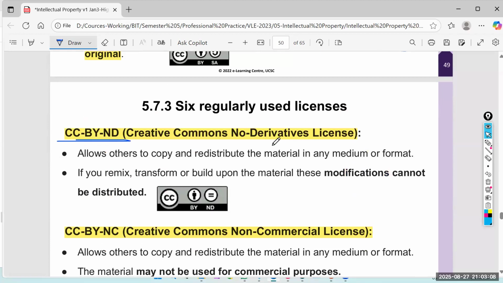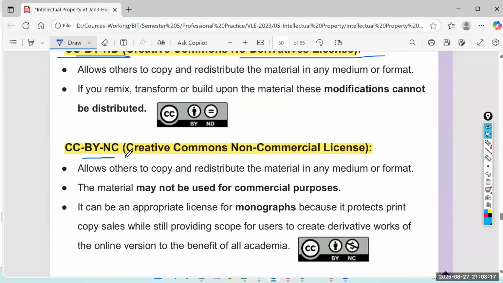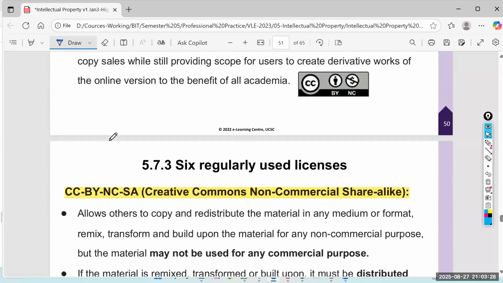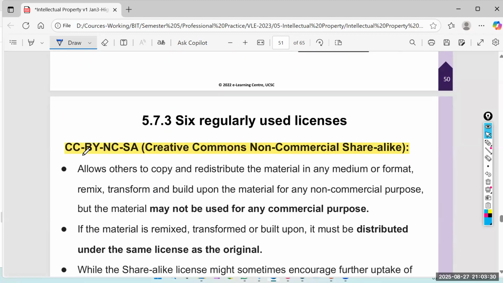But there, you are not supposed to modify my content. BY-ND. Another one is BY-NC, that is attribution and non-commercial. You can use it for non-commercial things, but not for commercial things. Another combination is BY-NC-SA.